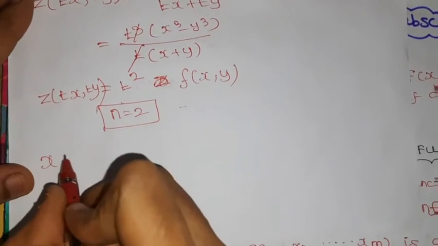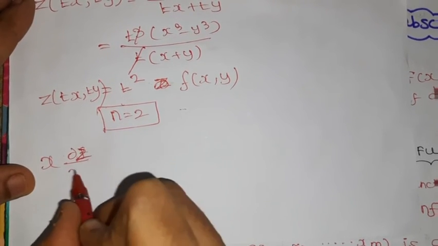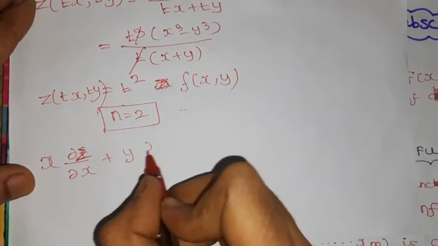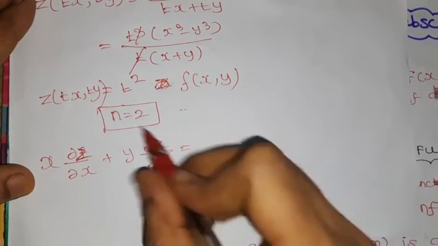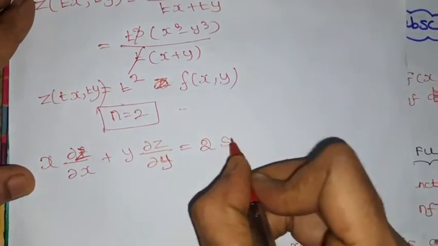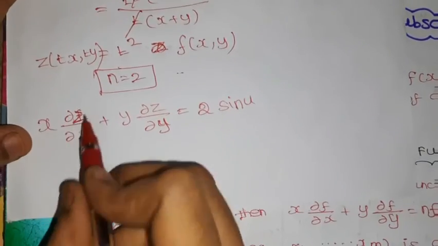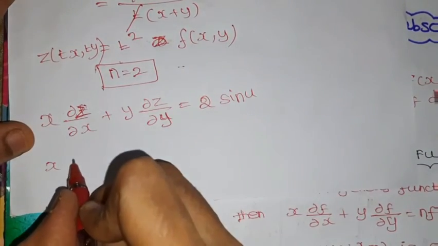So x dou z by dou x plus y dou z by dou y equal to n into z. So n is equal to 2, z is nothing but sin u. Here also substitute sin u. When we take sin u, what will we get?